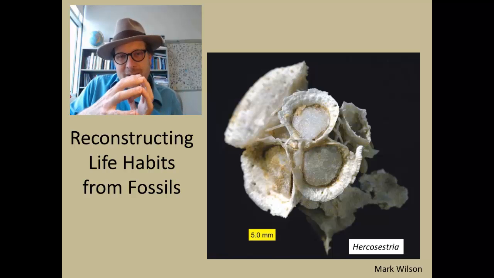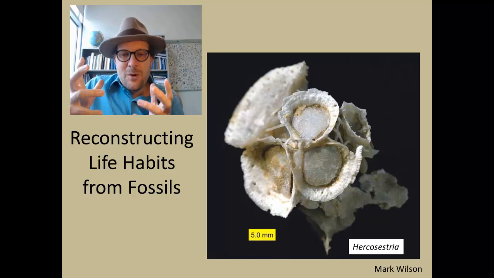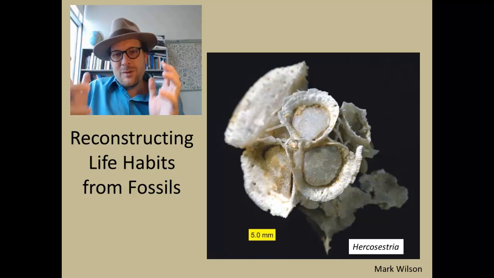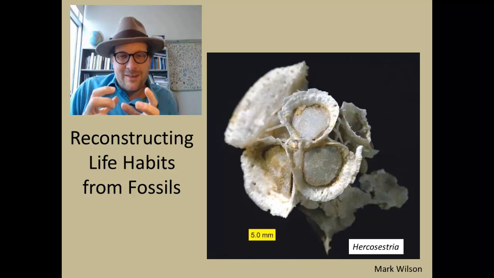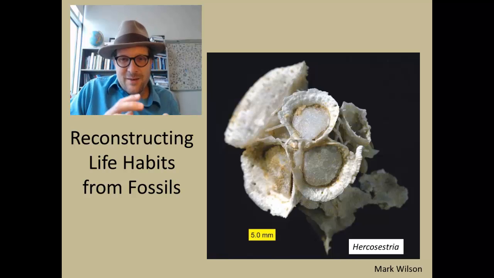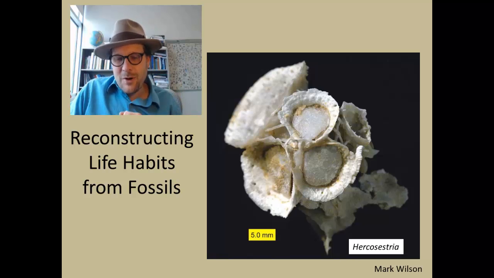Brachiopods today tend to be very constrained in terms of their sizes. These guys were brachiopods that decided they wanted to be sessile corals. They wanted to be planted firmly on the substrate, and they formed reef complexes during the Permian.